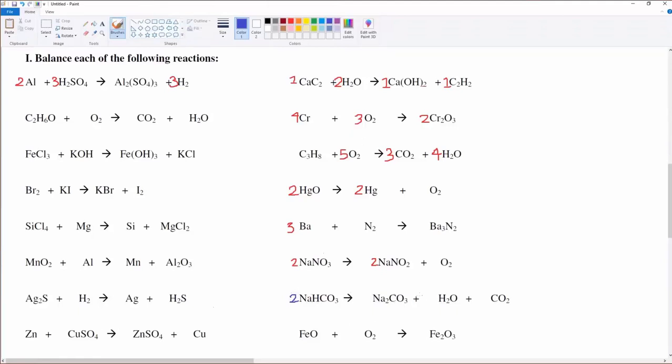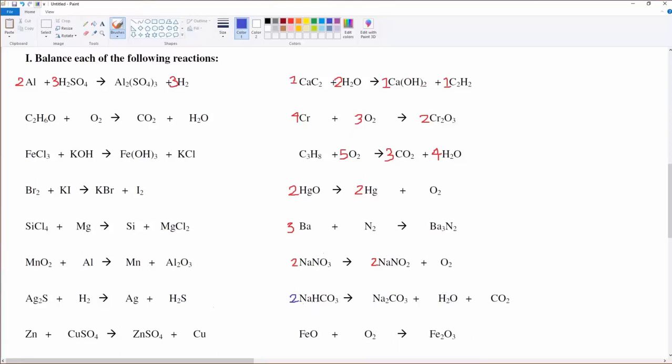Yeah, you already have 2 H's on each side, so those are balanced. Nice, because you put the 2 in front of the NaHCO3, you've got 2 hydrogens here in your water. It's done. It just worked. Oh my gosh, it's amazing. It just falls into place. It's beautiful, right?